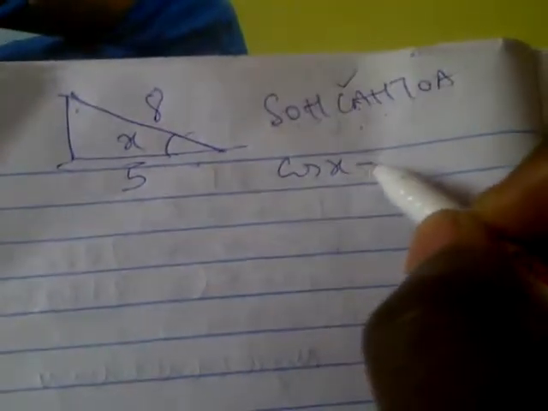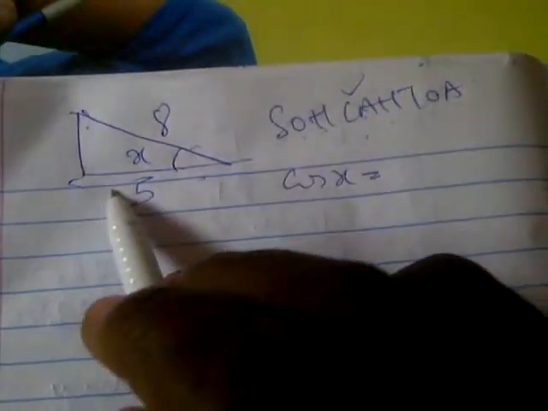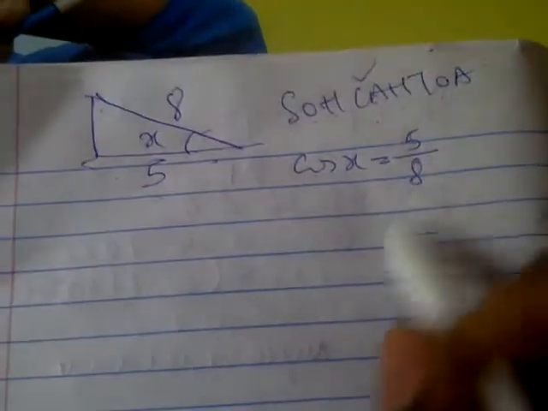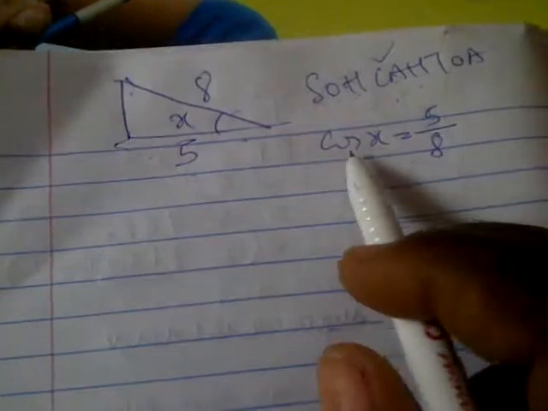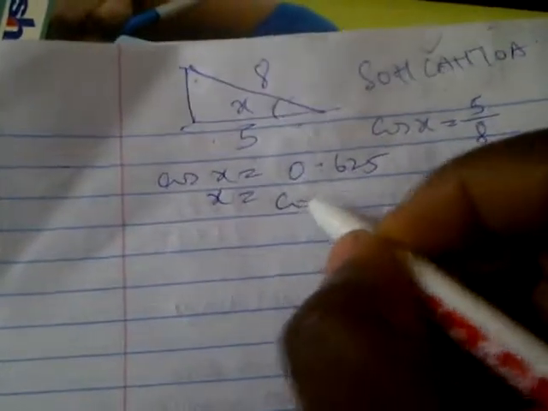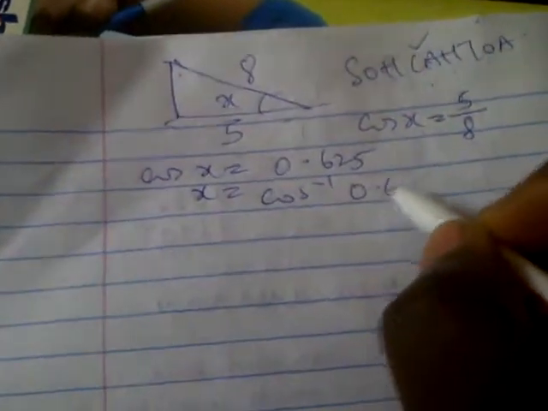So we're going to do cos of x equals adjacent, which is 5, over hypotenuse, which is 8. Remember we're asked to find x. So cos of x will be 5 divided by 8, which is 0.625. So x will be cos inverse of 0.625.